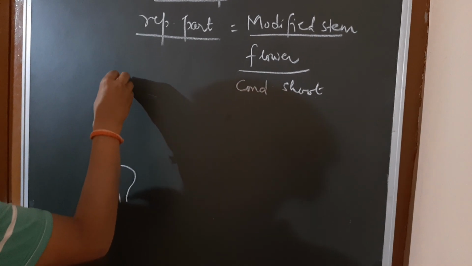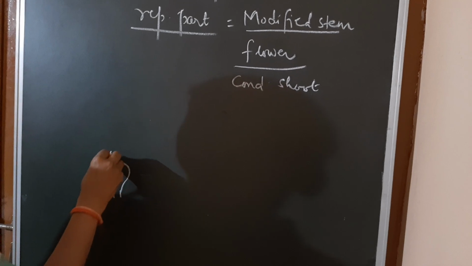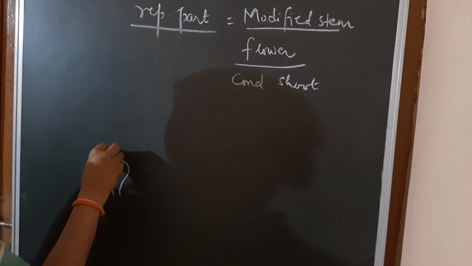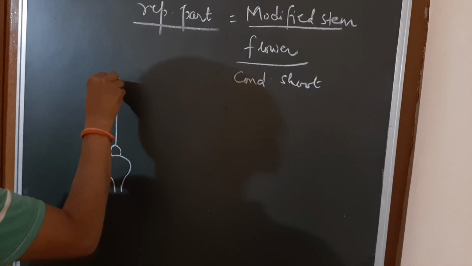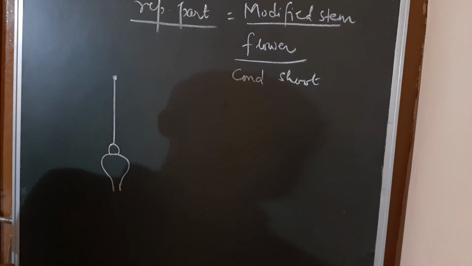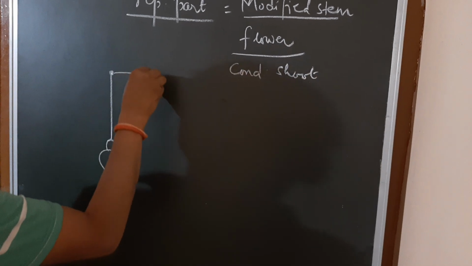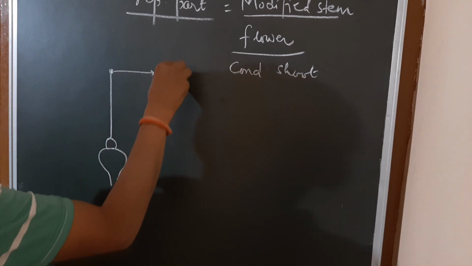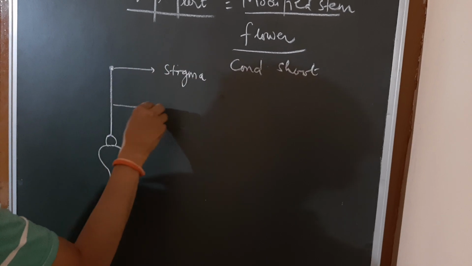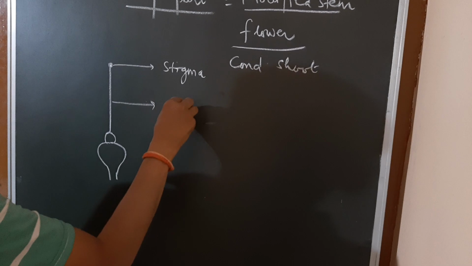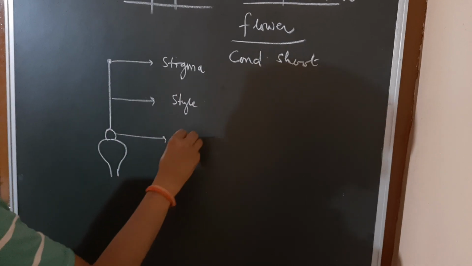The innermost one is a swollen base with a tip like this, which we call the female part or the pistil, where this surface becomes the stigma, the stigmatic surface, and this long slender structure is called the style, and this swollen base is called the ovary.